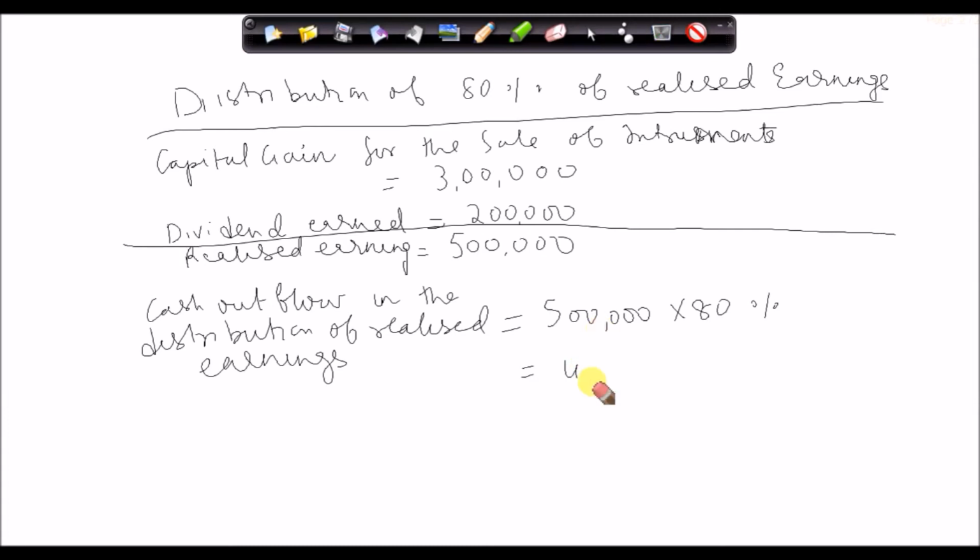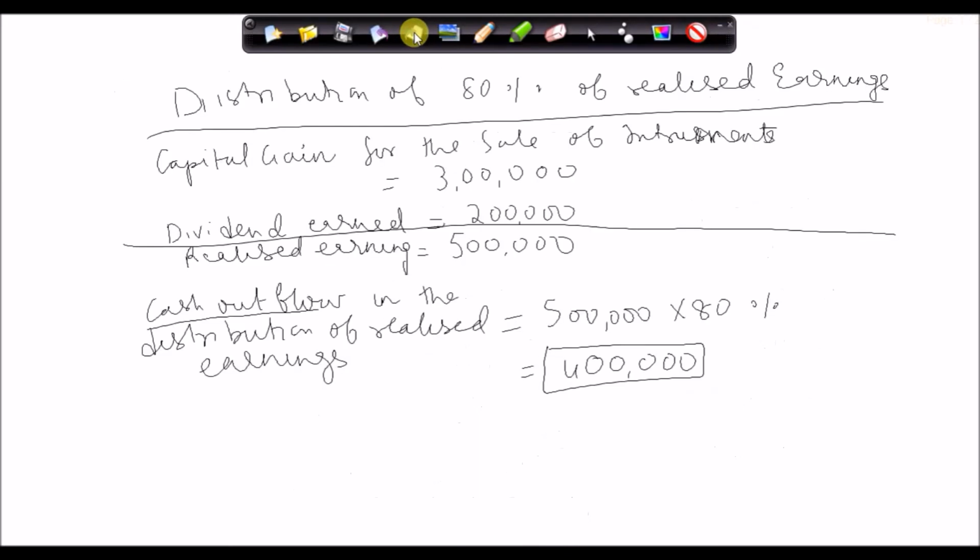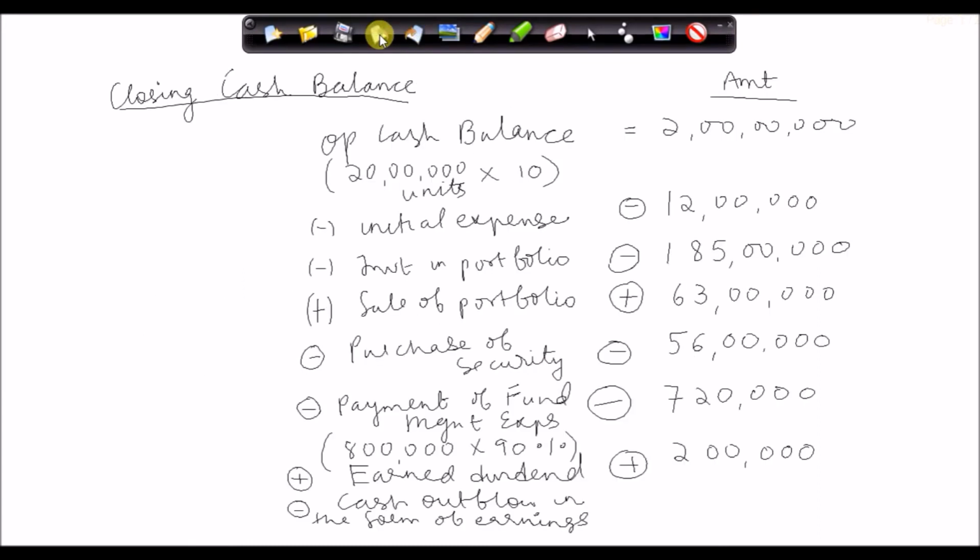So 4 lakhs is the amount which they have distributed. So this is nothing but cash outflow. So what we are going to do is less cash outflow in the form of earnings, and this cash outflow in the form of earnings is 4 lakh rupees.